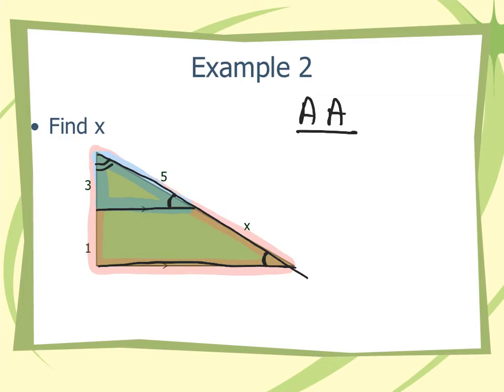Yes, ma'am? Okay, so we're going to find a scale factor. And so, you have to find the total amount for the left side of the big triangle. Okay, so she's talking about the big triangle here. She's saying, let's figure out what the total left-hand side is.